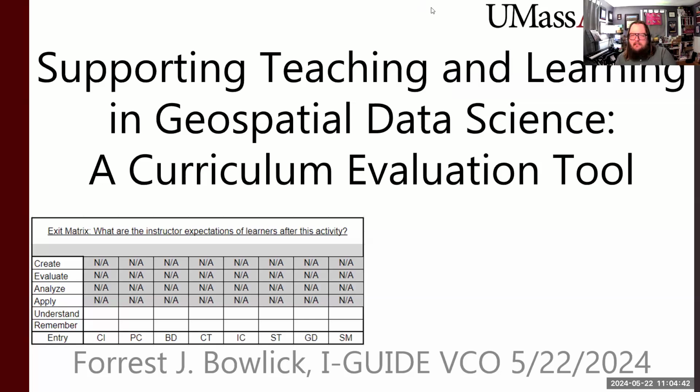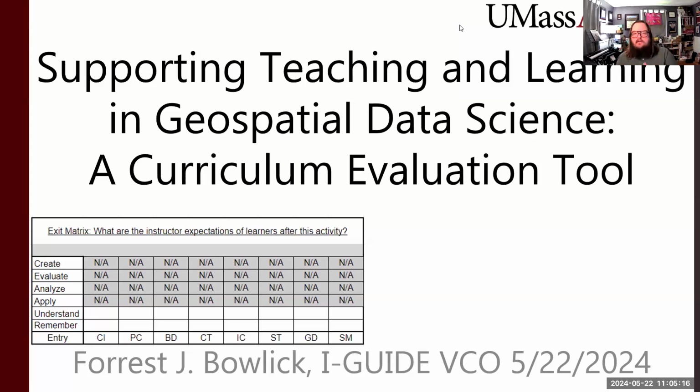So my name's Forrest. I think that Anand covered the basics, but the goal in my mind of this VCO today is to go over some curriculum ideas, some curriculum thoughts, and some curriculum tools, really trying to work through how we can support both the teaching and learning of geospatial data science, of GIS, of computational, whatever.